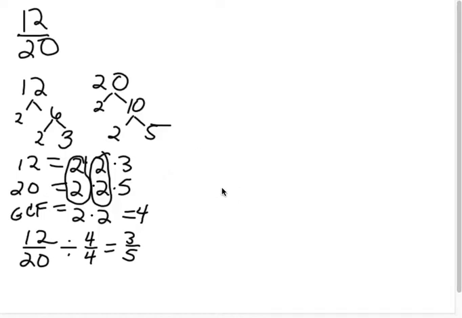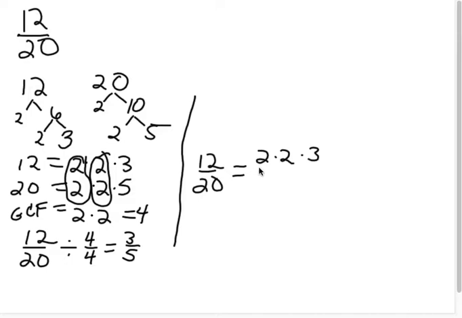Another way to do this, here's the second way, is to say that 12 over 20 equals 2 times 2 times 3, divided by 2 times 2 times 5.